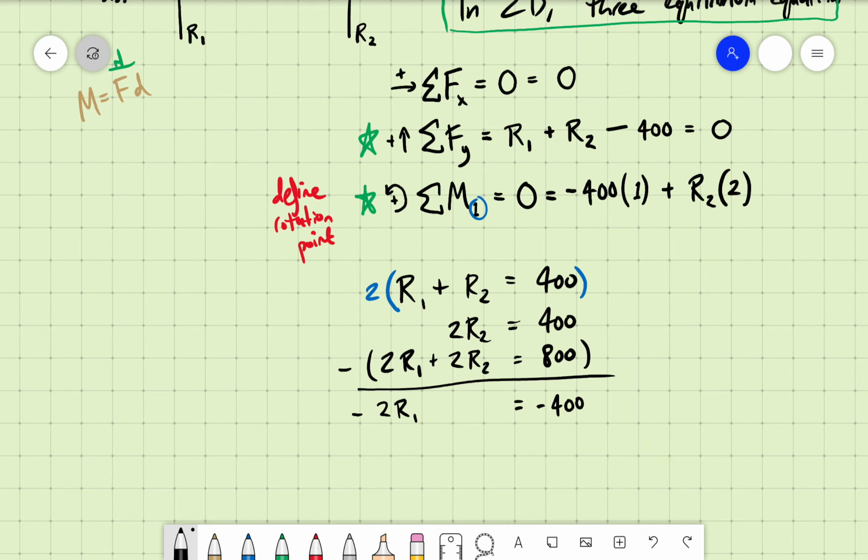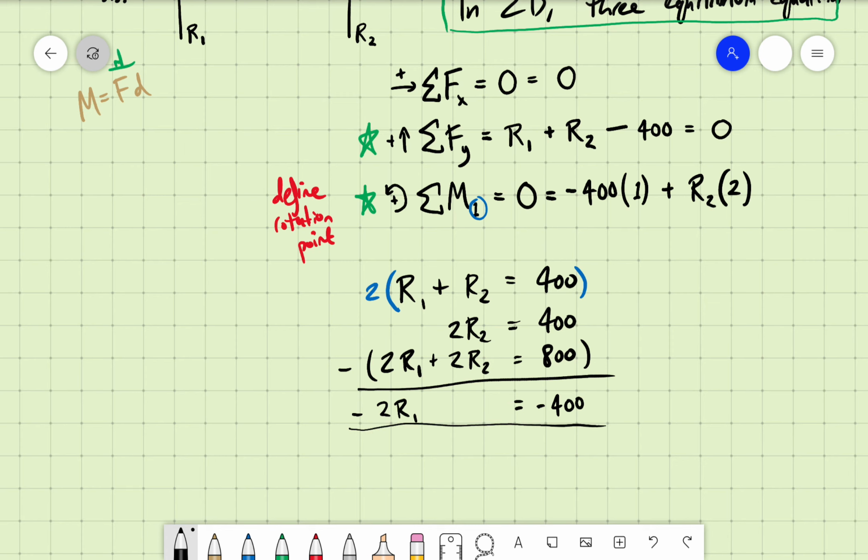I think 9th and 10th grade students will have the most trouble following what I'm doing potentially, but I'm just subtracting these algebraic terms. I'm treating R1 and R2 as algebraic elements like X's and Y's and Z's. And I subtracted 0 minus 2R1 to get this first term, 2R2 minus 2R2 to get nothing, and then 400 minus 800 to give negative 400. That's my sum right there.